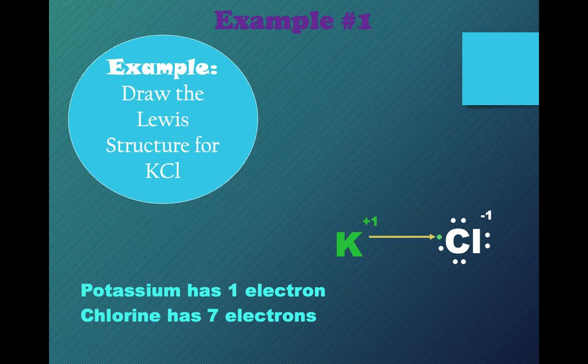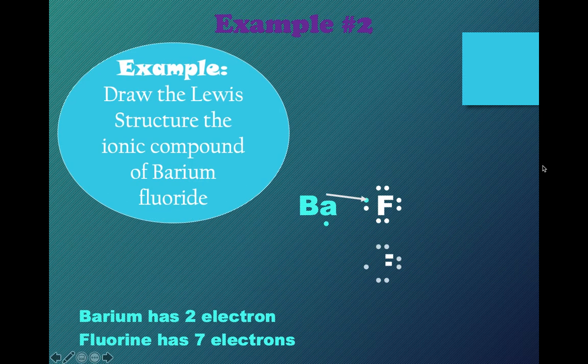In this situation, I don't need to add any more ions, so I can ignore step number 4 because potassium has lost all of its electrons and chlorine has gained up to 8. If this were a test question, this is what I'm looking for as an answer. Let's look at another example.